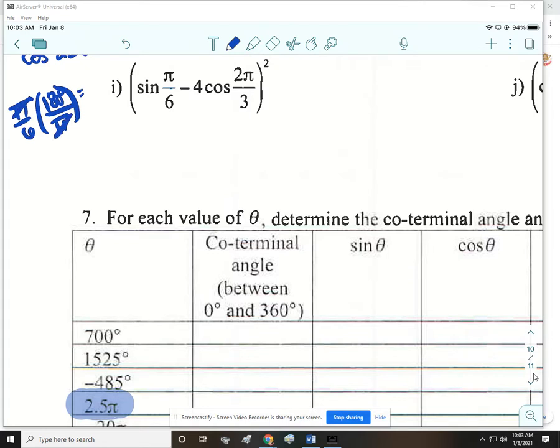And so 180 degrees divided by 6 is going to give us 30 degrees for pi over 6. Okay. And then 2/3 times 180, or we could do 2 times 180 divided by 3. Either way, it's going to be 120 degrees.